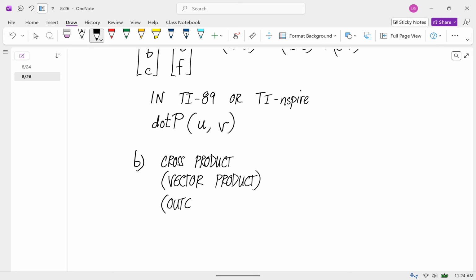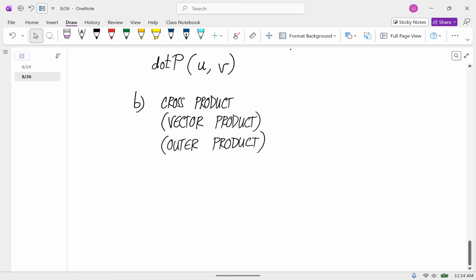Or the outer product. And the cross product, so if you have A, B, C crossed with D, E, F.